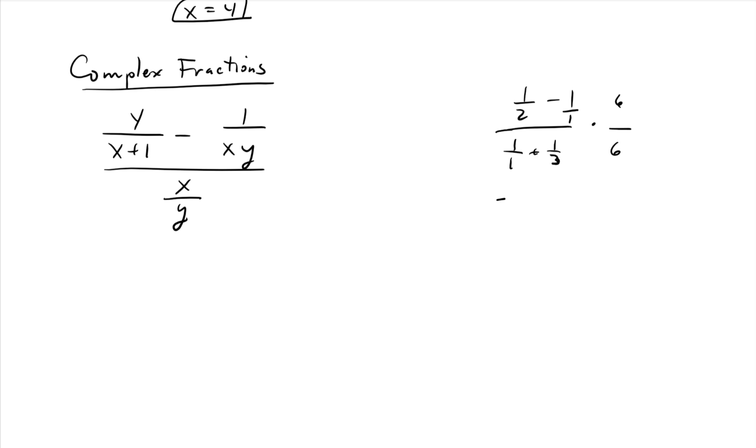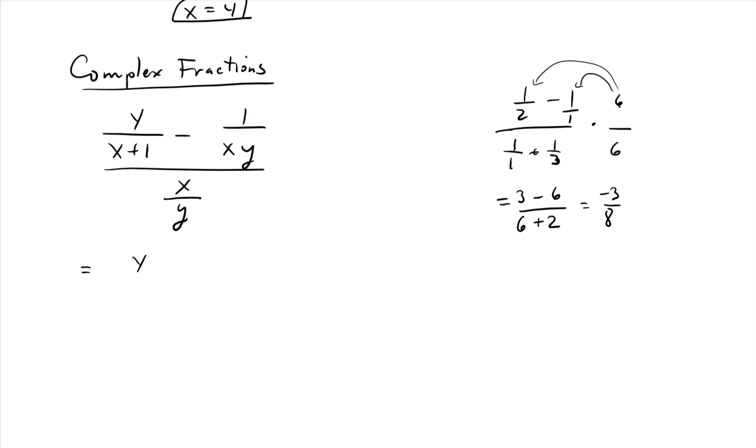Doing that, I'm not changing the expression, I'm multiplying by 1. So if I do this, 6 times a half is 3, 6 times 1 is 6, minus, and at the bottom, 6 times 1 is 6, plus 6 times 1/3 is 2, and very easily I've cleared the fractions. So I'm going to do the same thing here.